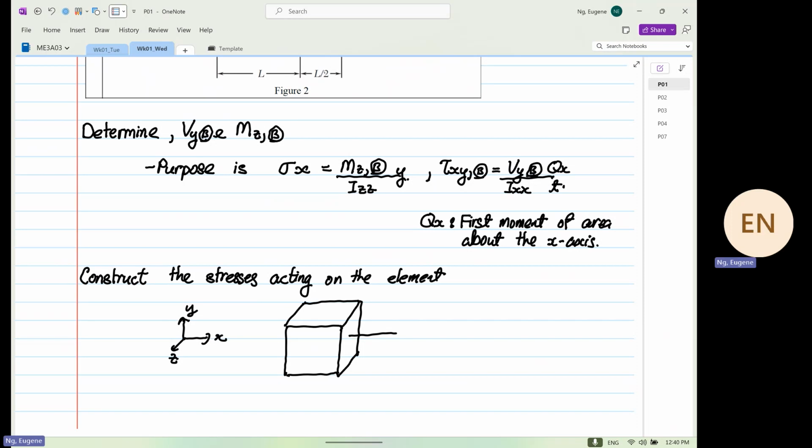I'm going to assume it to be tension. I don't know yet whether it is compression or tension. So we are going to determine this stress X, and we are going to determine our shear XY.